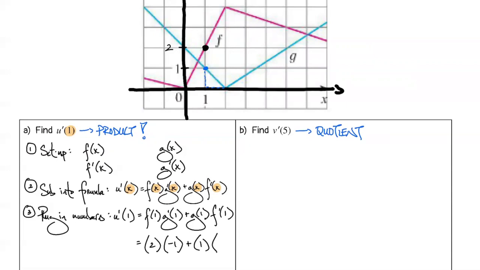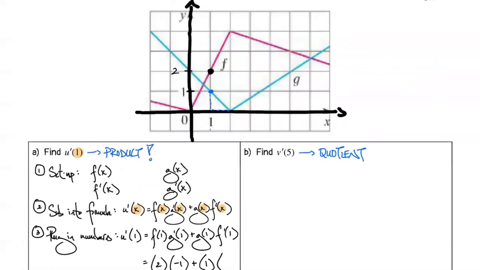Last but not least, what is f prime of 1? We have to go back to the graph. What are we looking for on the graph? Slope at 1. Yeah, exactly. We're looking for the slope of the pink function at 1. And when we count that rise over run, we'll get a slope of 2.